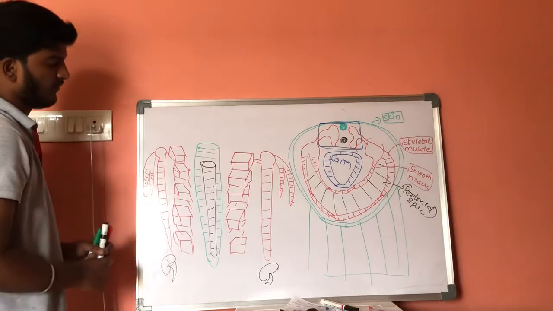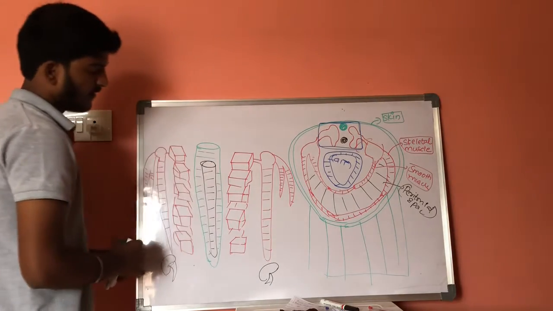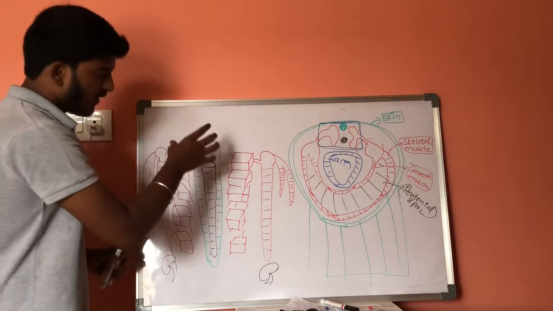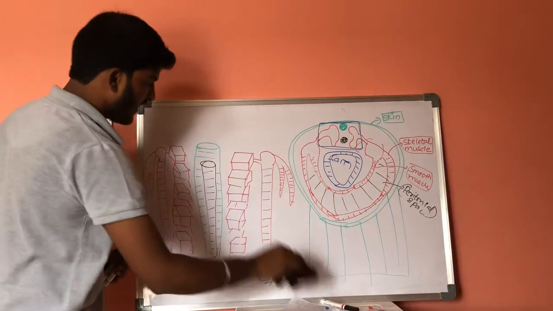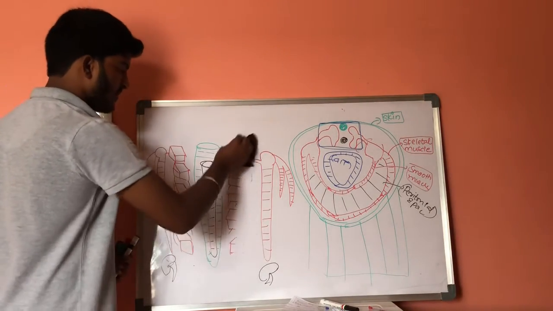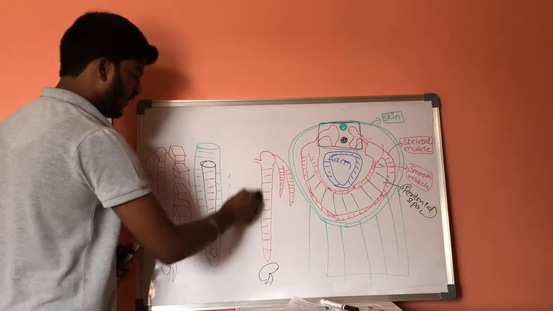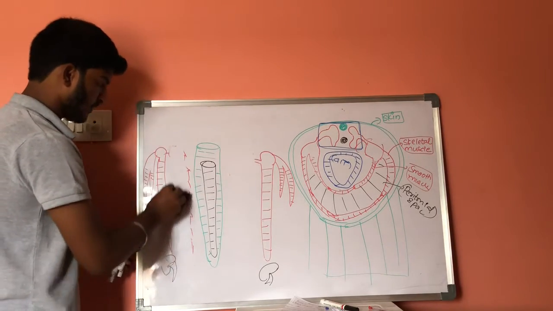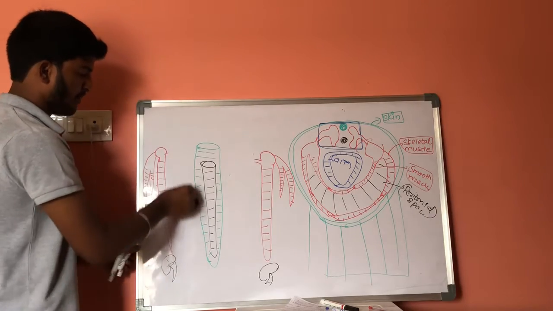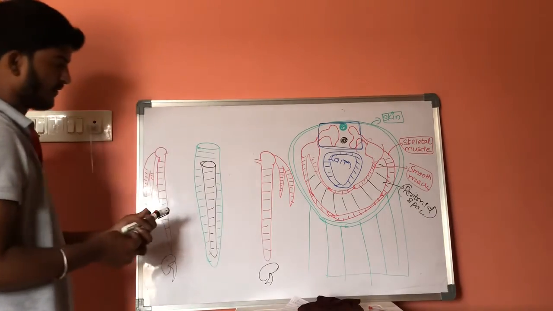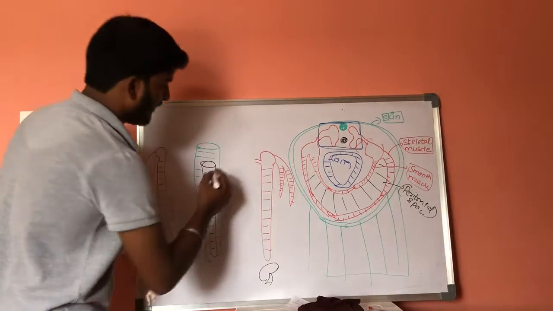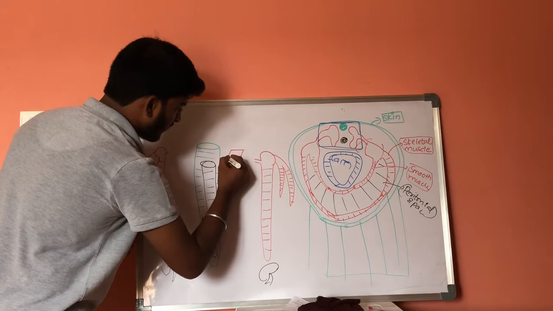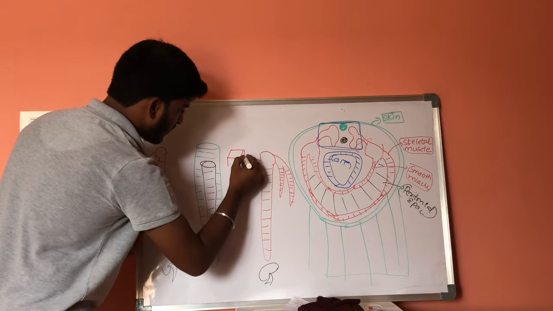Now, as the baby develops and the age progresses, there will be formation of segments in the paraxial mesoderms.